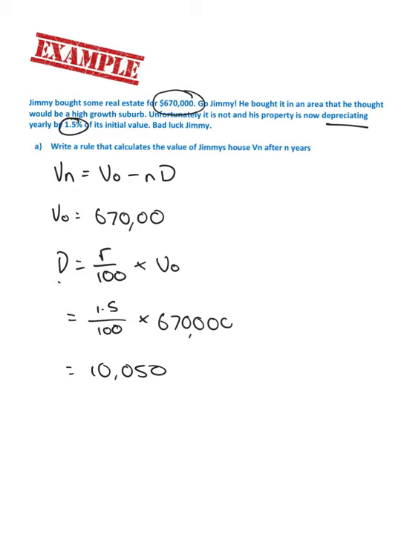So now that we've found our D and our V0, we can sub that into our original formula. So Vn is equal to V0, which is 670,000 as we just found, minus nD, which was 10,050. Awesome. So we can use that rule to find the value of the house after any number of years.